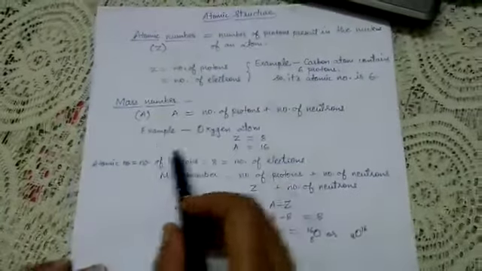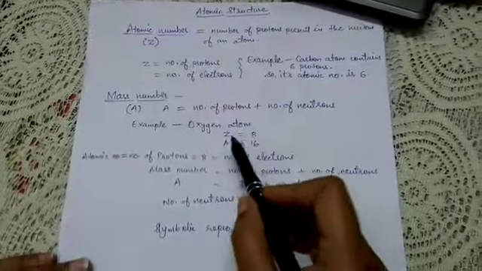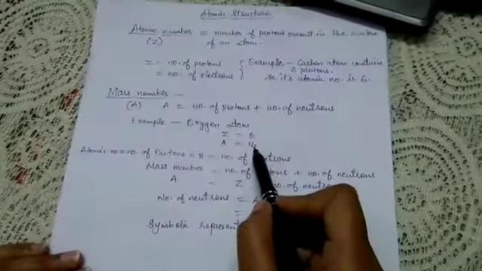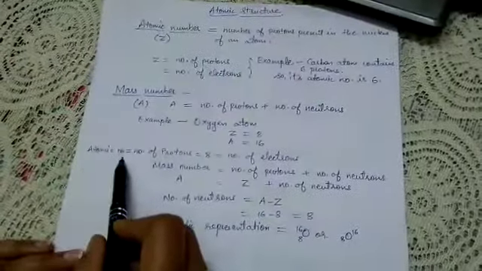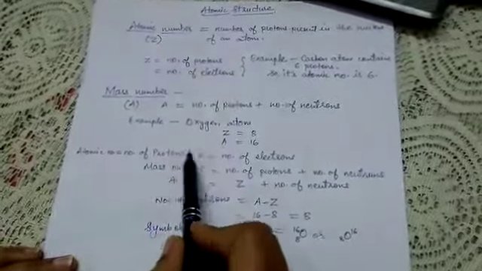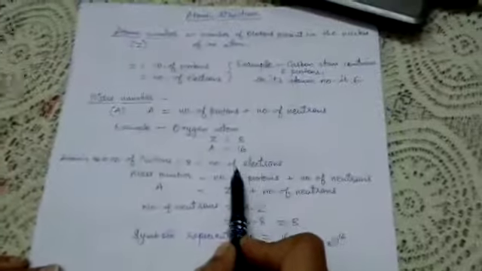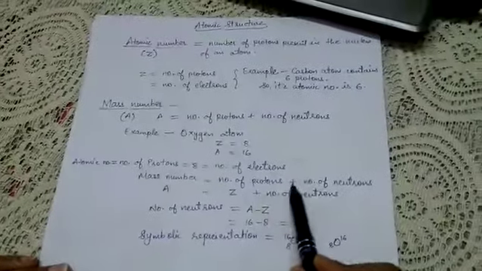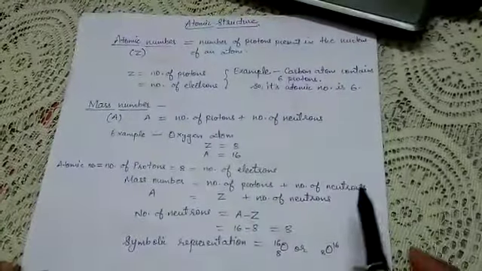For example, an oxygen atom has atomic number 8 and mass number 16. You know the atomic number is equal to the number of protons, and the number of protons is equal to the number of electrons. The mass number is the number of protons plus the number of neutrons.